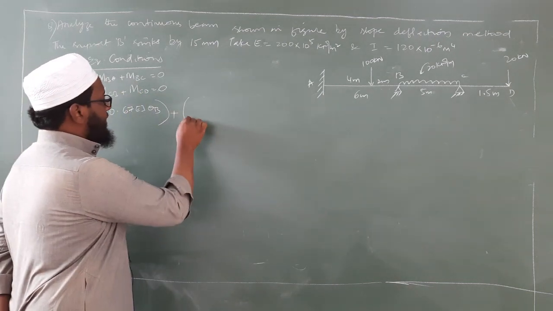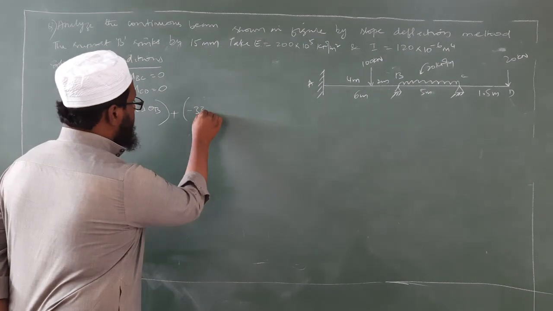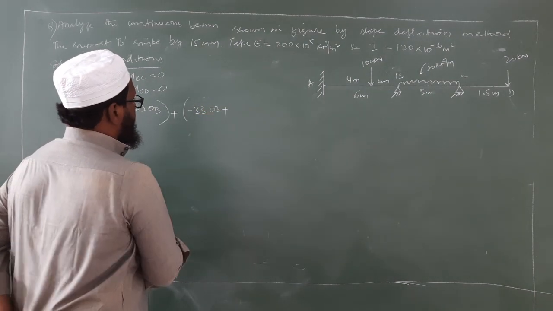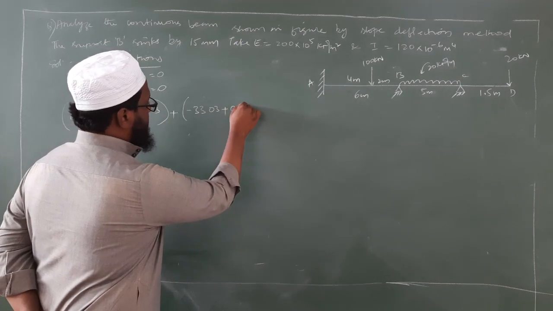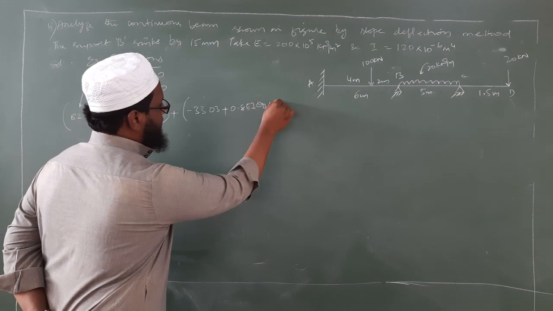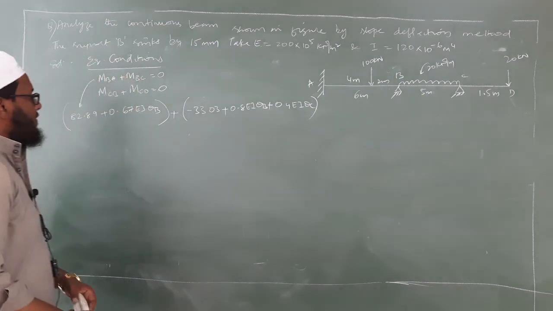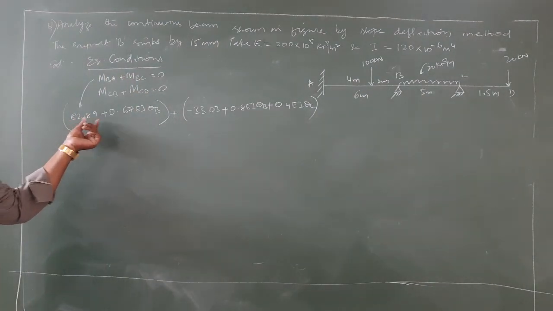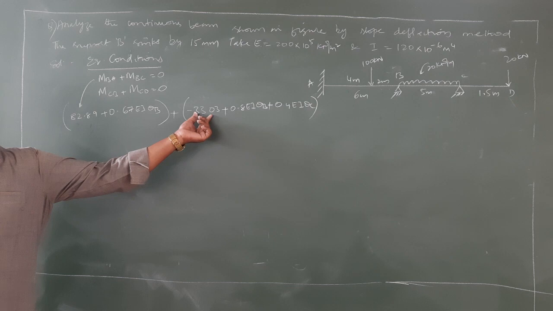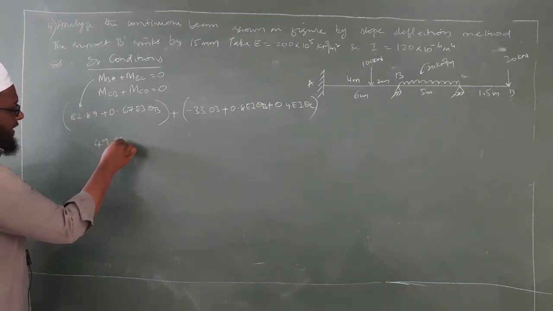Just now we have calculated minus 33.03 plus 0.8 EI theta B plus 0.4 EI theta C. Now see here, we have 82.89 minus 33.03. Do this one, you will get the value, 49.86.